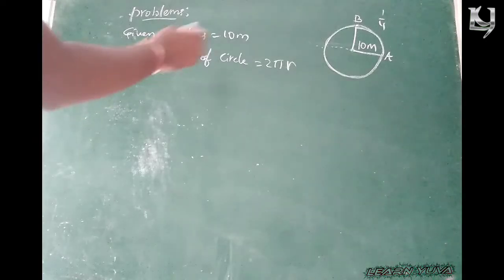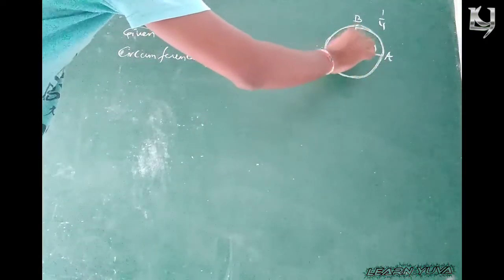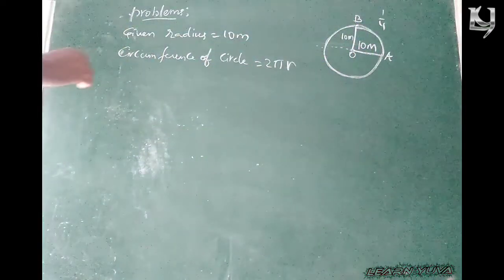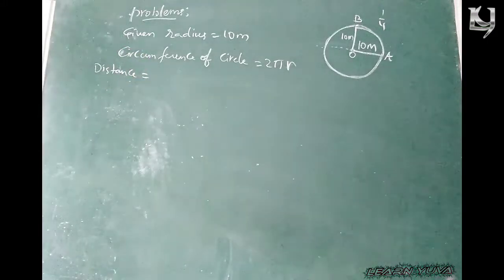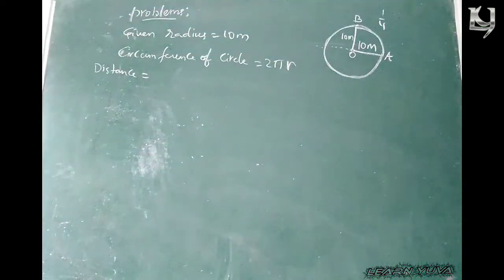So radius 10 meters. If O to A is 10 meters, then O to B is also 10 meters. So distance, if it completes the total circle starting from A and ends at A, is 2 pi r.